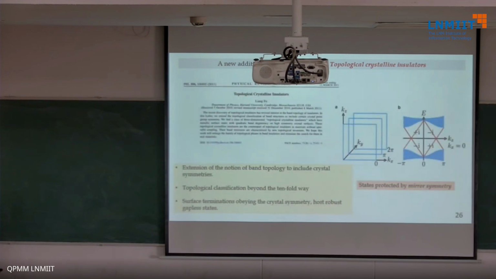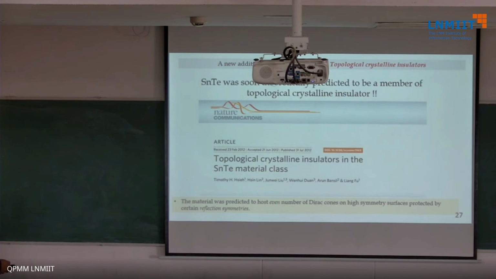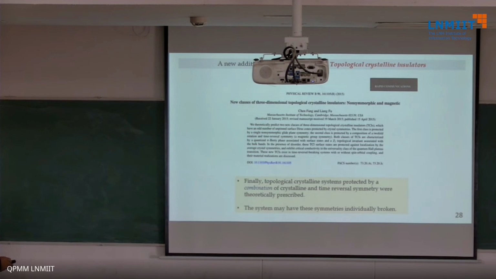And so tin telluride soon became predicted to be a member of the topological crystalline insulators. So this was a paper by this group, and they actually predicted a higher order topological insulator. Then there was another paper in 2015 by the same Liang Fu's group.